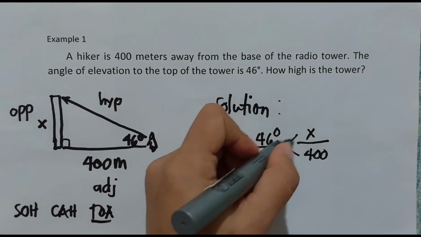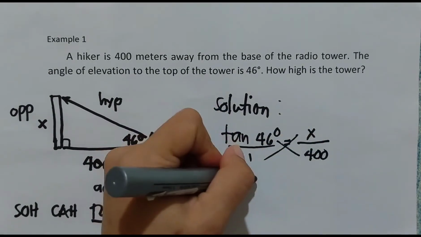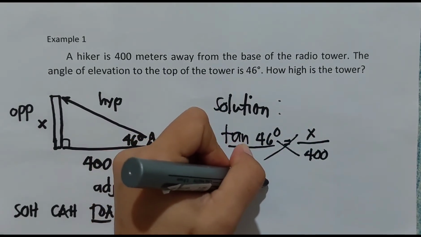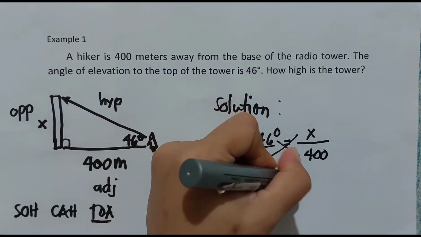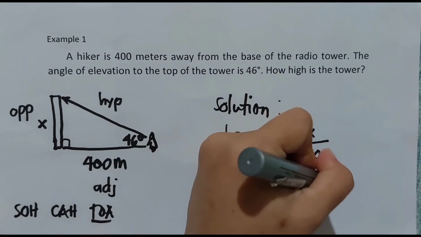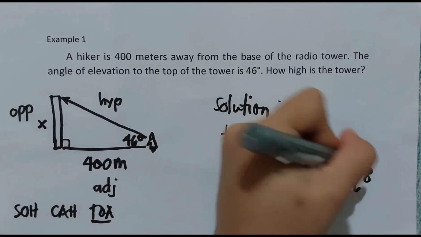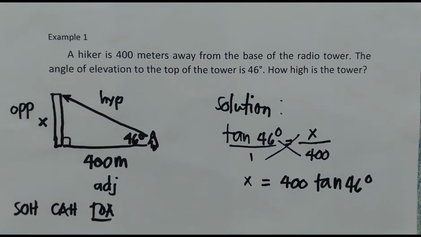Okay. Now, this tangent 46 degrees, understood nga over 1 na siya. So, what we're going to do next is to cross multiply. So, 1 times x, unahan na to si x, balhin na to siya diha. Then, that would be equal to 400 times tangent 46 degrees. Okay.